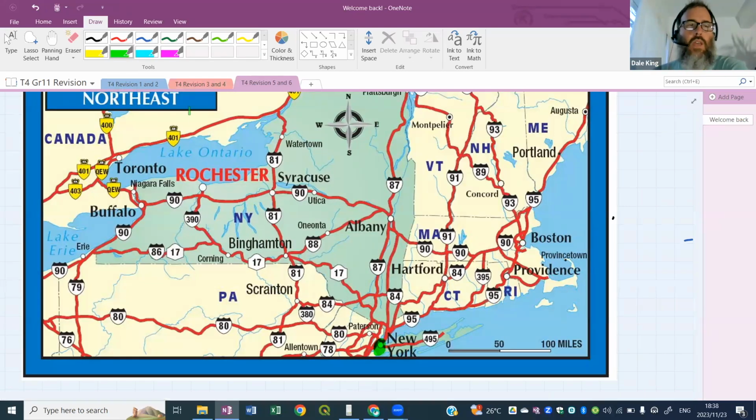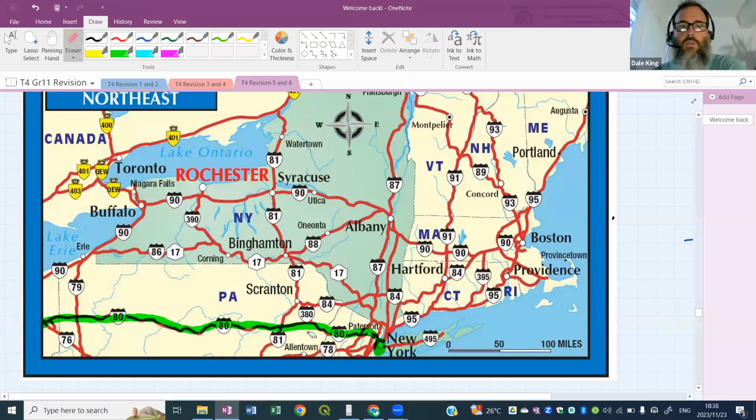Which road will take you to the far west of the map? Yes, Tato, on the money. The 80. This long road here goes all the way to the far west. Absolutely, Tato. Well done. Yep, the 80. Very good.